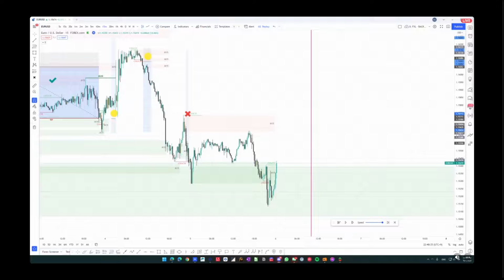So could it hold? Yeah, it could hold. But if I want to use this, wait for 50 minutes short before sell, because this supply zone does not have good enough elements.